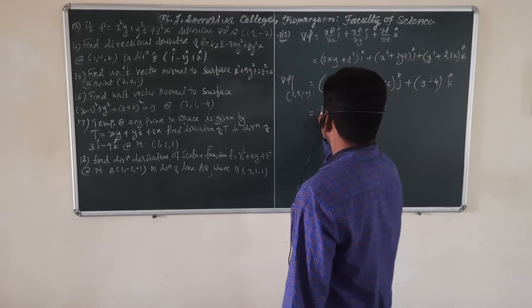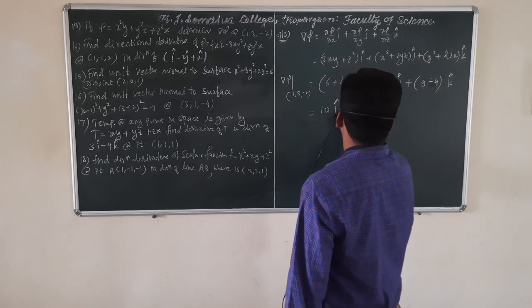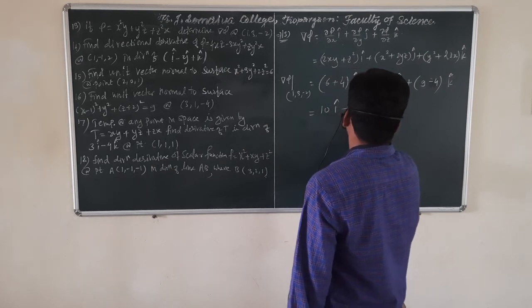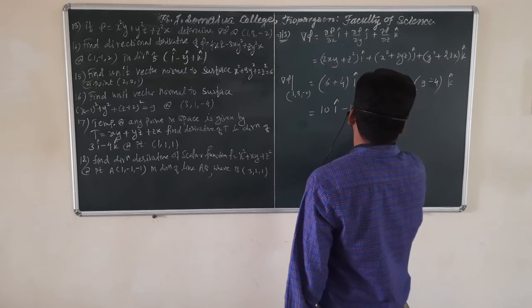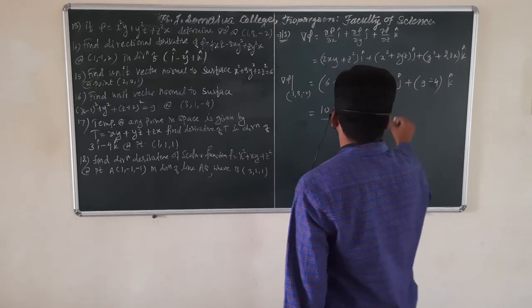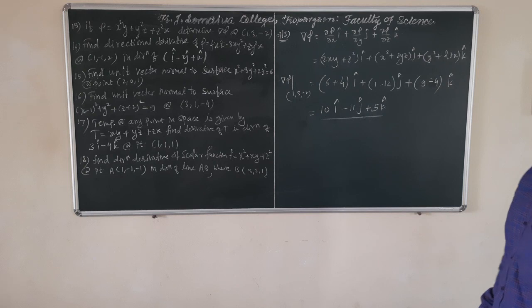This is equal to 10 i cap minus 11 j cap plus 5 k cap. So this is the required result for the gradient.